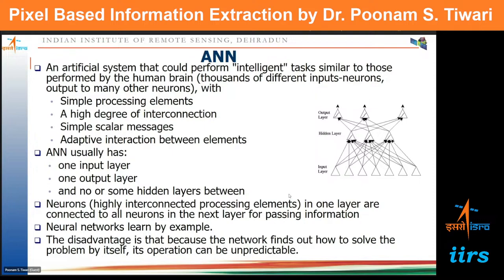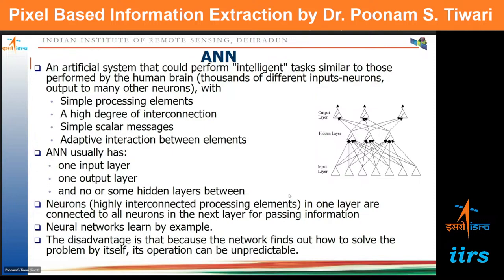These neurons are very simple processing units, but the important point is that they have a high degree of interconnection, and they transfer messages from one neuron to another. In between, they do some calculation and transfer those messages to the next layer of neurons.